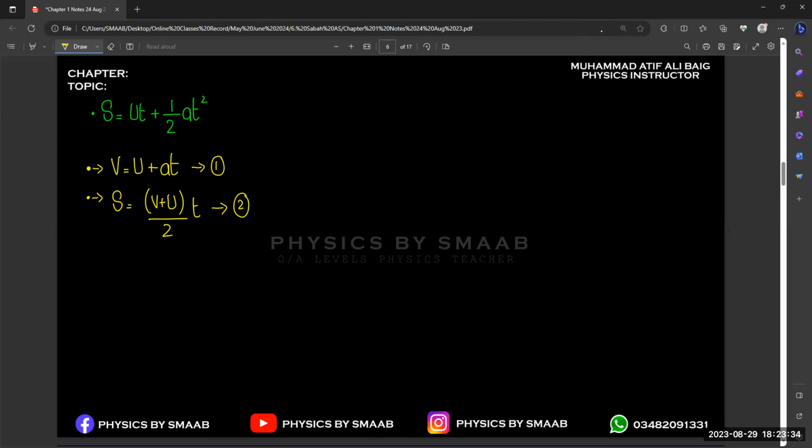So your complete equation will be with respect to the initial velocity, right? Because in the third equation we need to derive with the reference of initial velocity. There is no concept of final velocity. So we need to do a simple mathematical step.